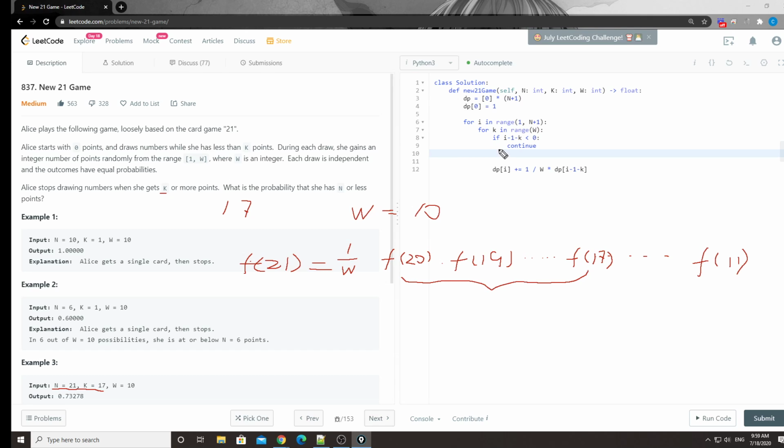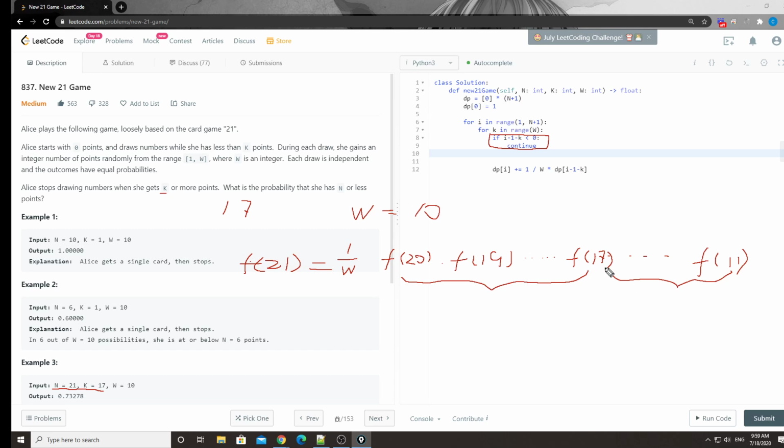So that's why when we calculate the DP I here, not only do we need to check this range, which is easier to understand, but we also need to check if this I minus W is equal or greater than K, then we also need to skip it, because we can only get to 21 from this range.